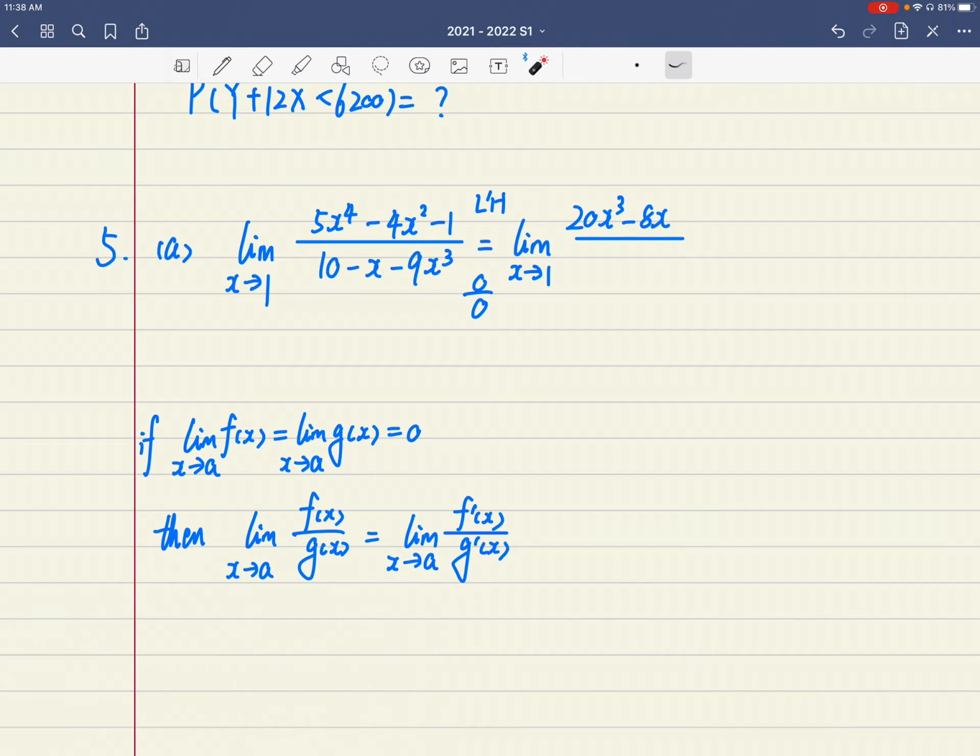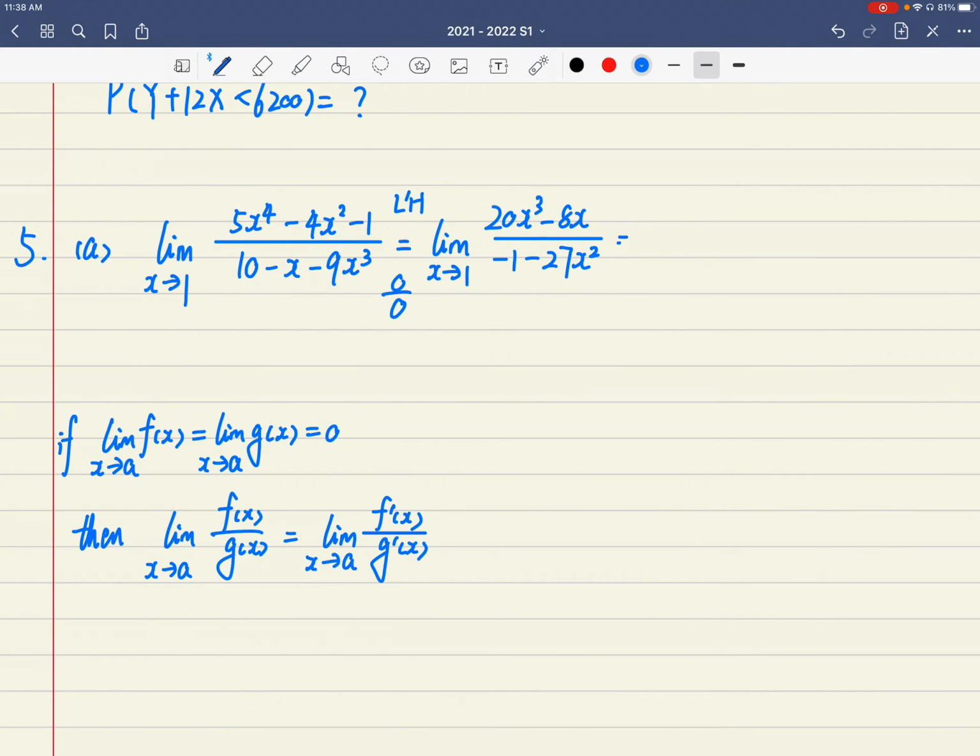And differentiating 1 gives 0. The bottom: 10 differentiates to 0, minus x becomes minus 1, then minus 9x cubed becomes minus 9 times 3 times x to the 3 minus 1. So it's minus 1 minus 27x squared.